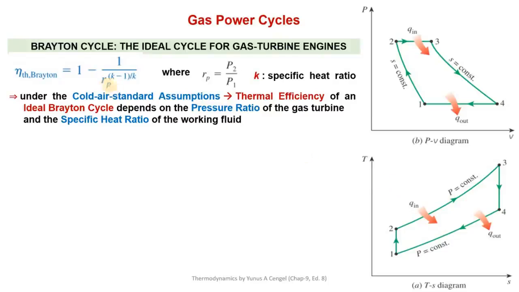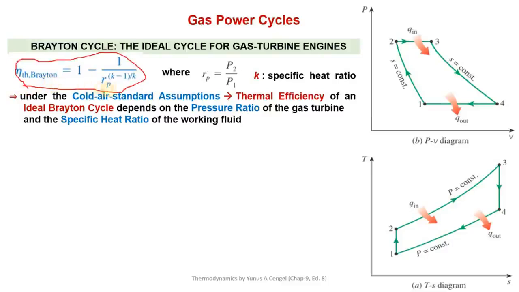So the thermal efficiency, we can see from this equation, increases with increasing this Rp because in the denominator it is 1 minus 1 over this term. So by increasing this Rp or k, this efficiency will increase, right? And that is because this is the efficiency equation for an ideal Brayton cycle.